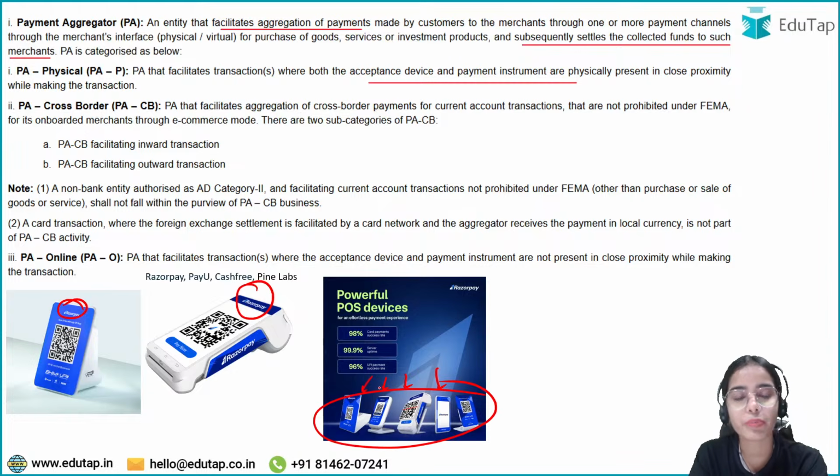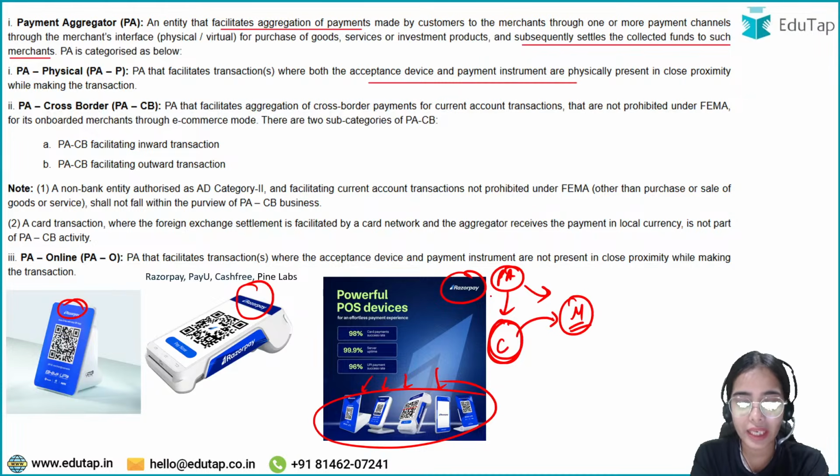Razorpay is a payment aggregator that facilitates the aggregation of payments from the customers and transfers these payments to the merchants. So a payment aggregator facilitates the transaction between the customer and merchant, and it is present not only on online platforms but also in the physical manner.